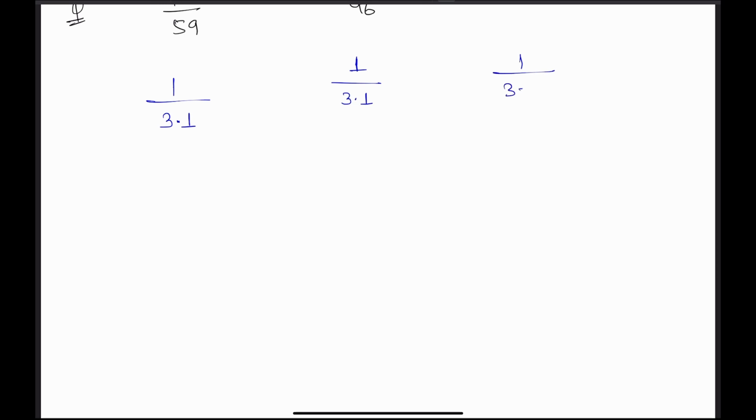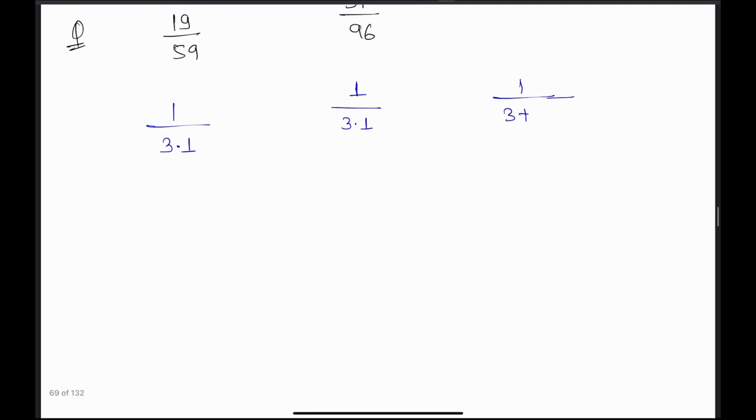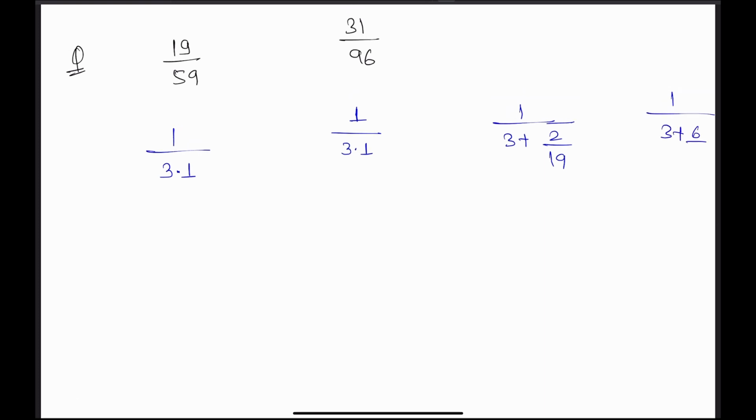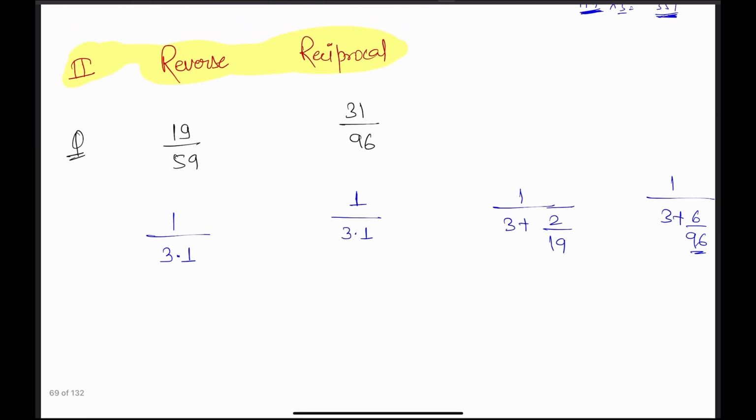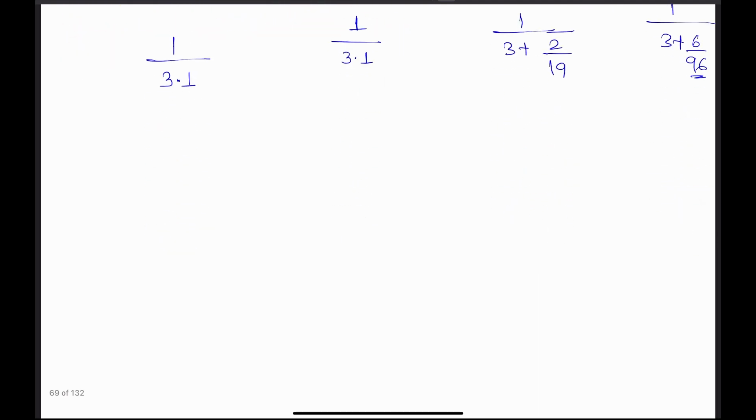I can rewrite it as 3 plus 2 by 19, since 19 into 3 is 57, or I can rewrite it as 3 plus 3 by 31, that is 6 by 96. I can rewrite it anyway, but for simplicity of understanding I just told you how it is, and I'm focusing on this value. This is how I'm writing it.